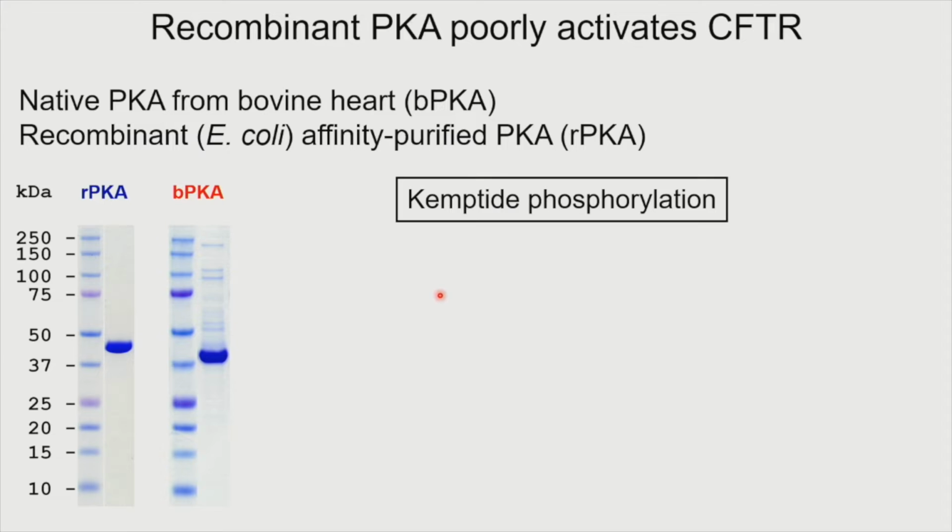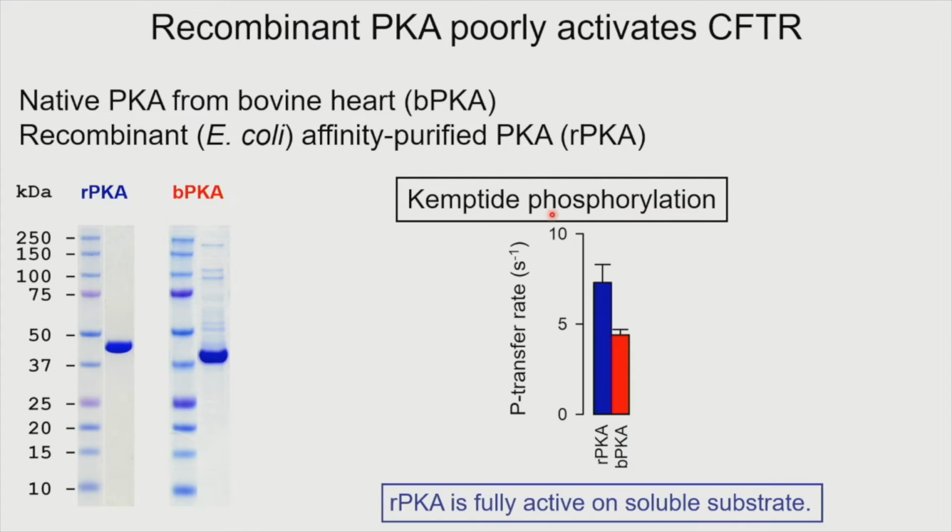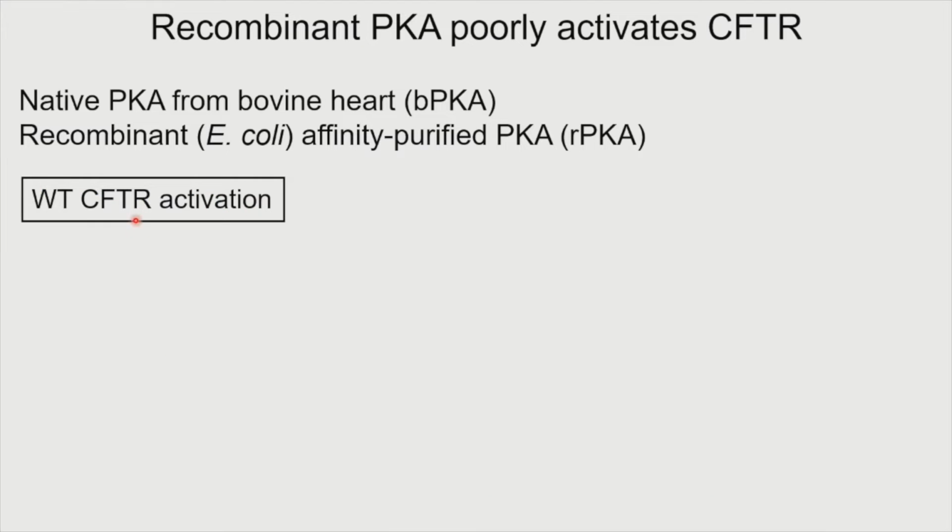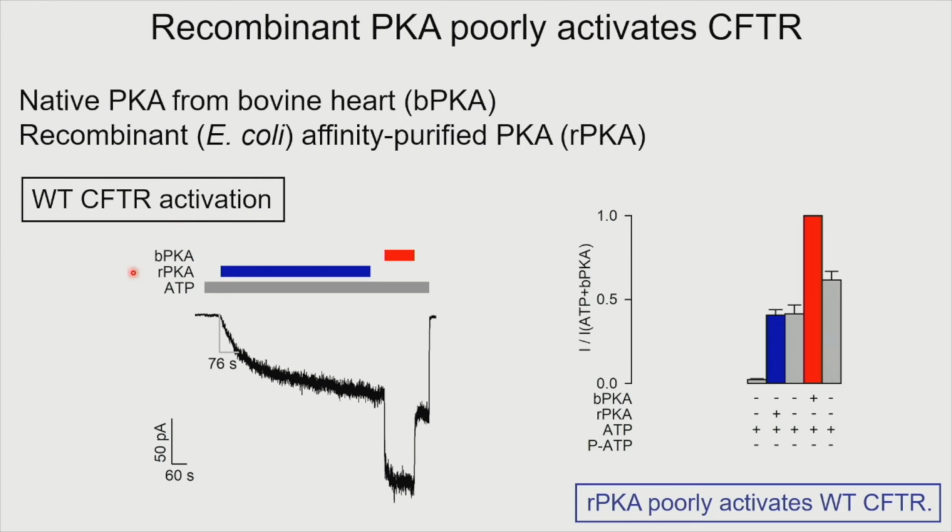The recombinant PKA proved fully active on the soluble substrate Chemtide, but when we tested it in inside-out patches, we found that the recombinant enzyme can only very slowly activate CFTR channels, and the maximal activity achieved by the recombinant protein remained much smaller than what could then be elicited by the native bovine PKA.